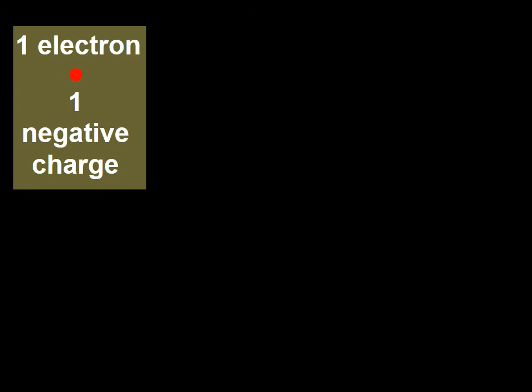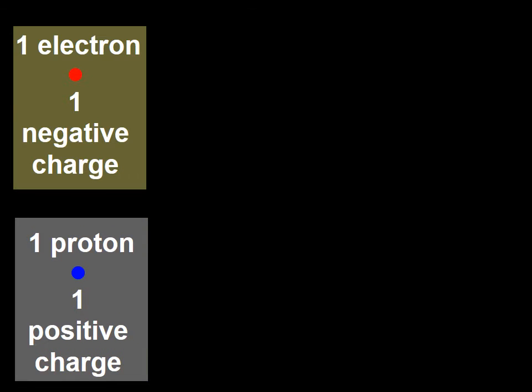First, we must consider the single electron. One electron, here represented as a red dot, has one negative charge. And a single proton, here represented as a blue dot, has a positive charge.